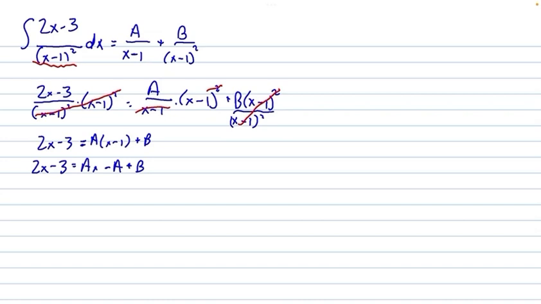All we did was distribute the parentheses on the right side of the equation. But now we just match up our like terms and coefficients.